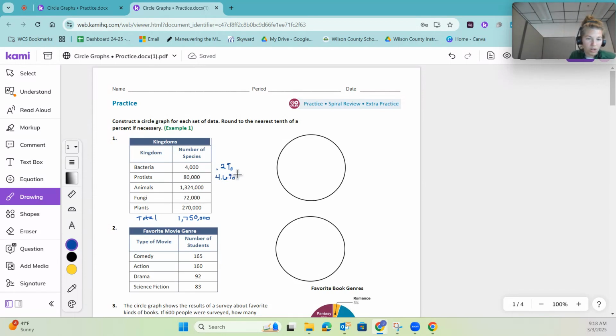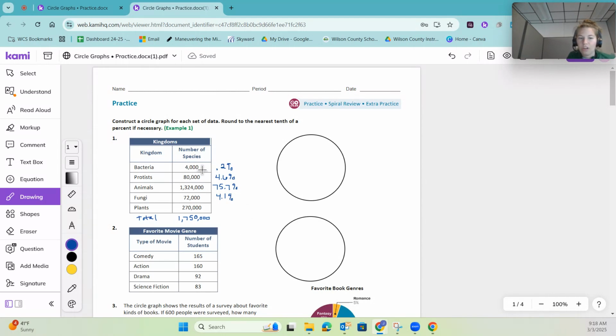Okay, then the 1,324,000 is 75.7%. And 72,000 divided by that 1,750,000 gives me 4.1%.